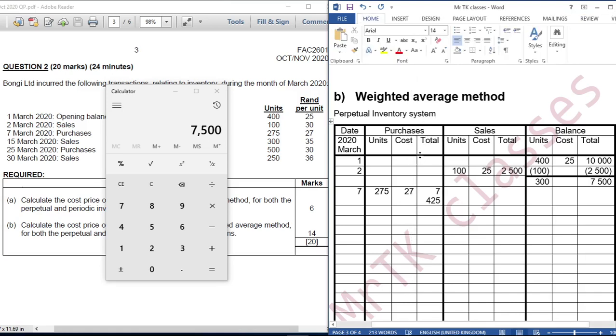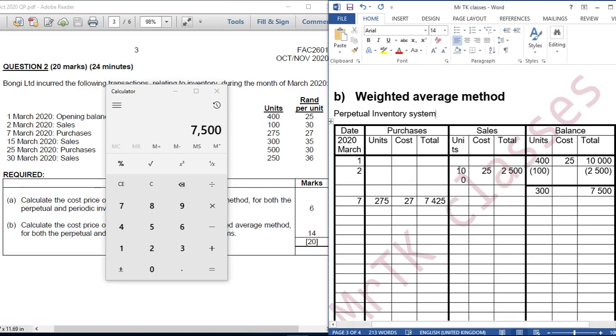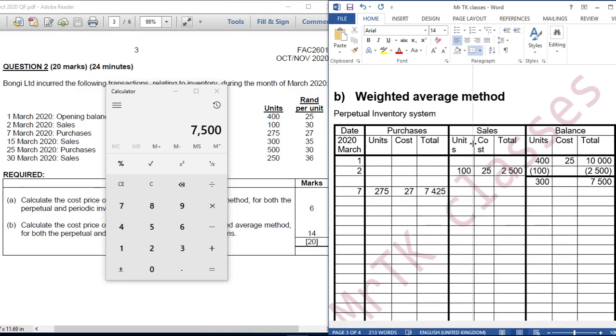Okay, so let me just adjust this a little bit. So this is our purchase. Let us come here. This is when our methods will be different, right?